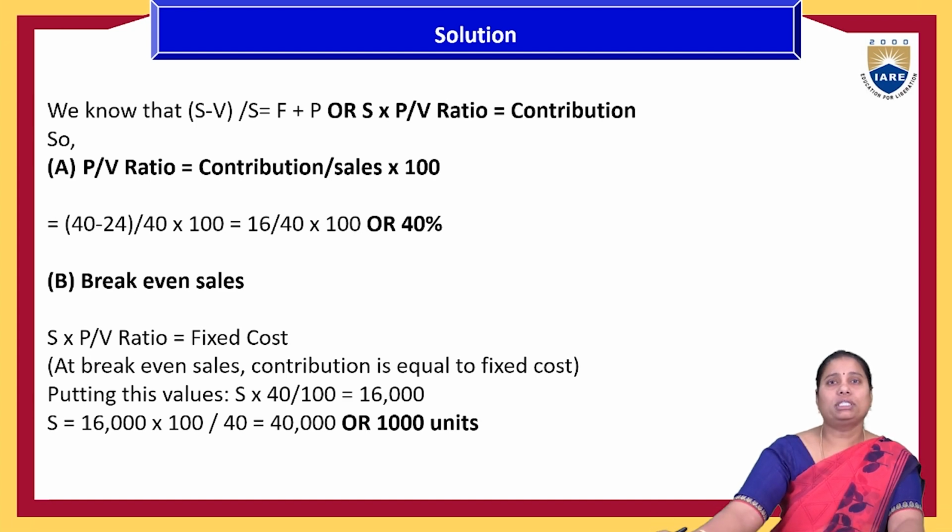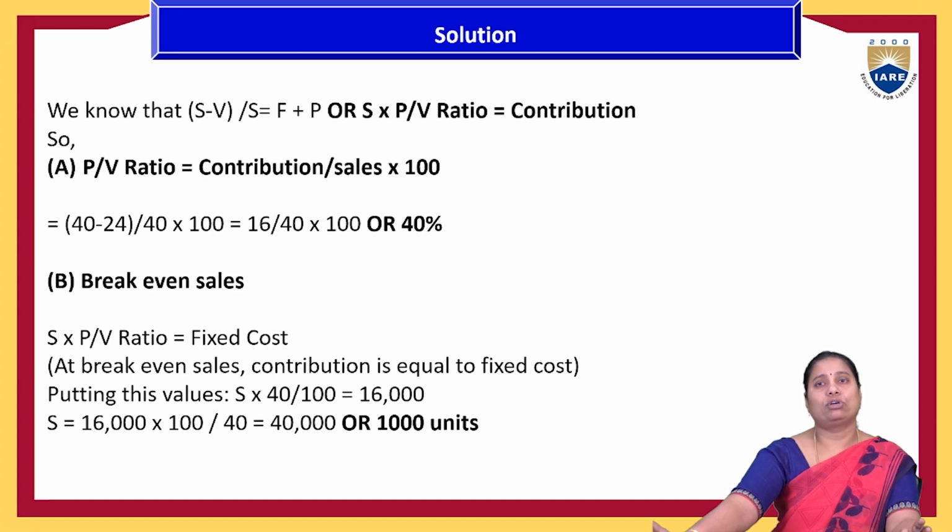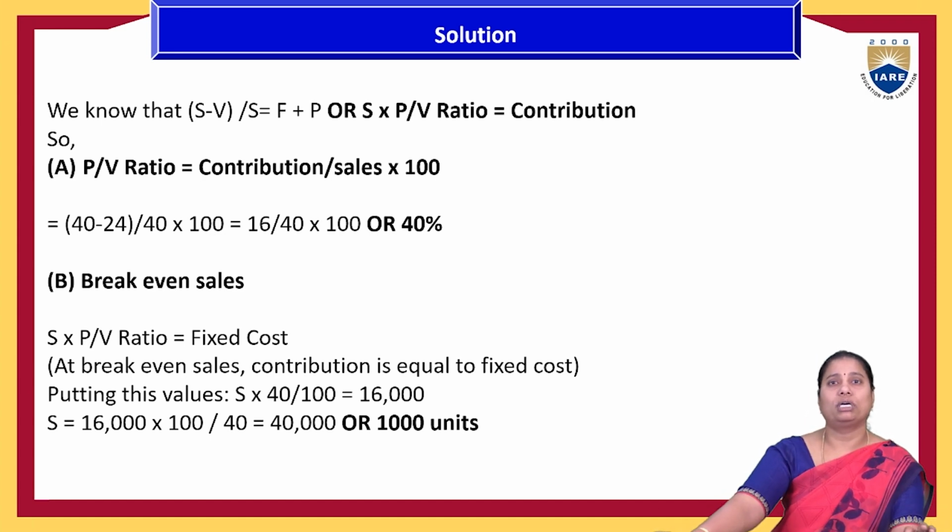So we know these are the formulas: selling price minus variable cost is equal to contribution, contribution is equal to fixed cost plus profit, or selling price into profit volume ratio is equal to contribution. So P by V ratio is equal to contribution divided by sales into 100.